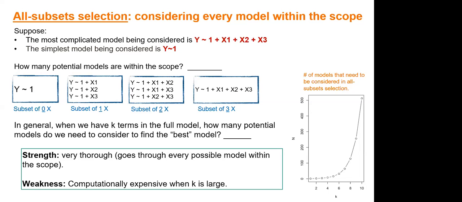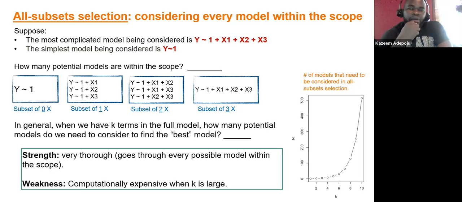But we are only varying the x1 to x3, the intercept term is always there. So I guess the number of potential models is 2 to the power of k minus 1. Okay. Yeah, raised to power k minus 1.